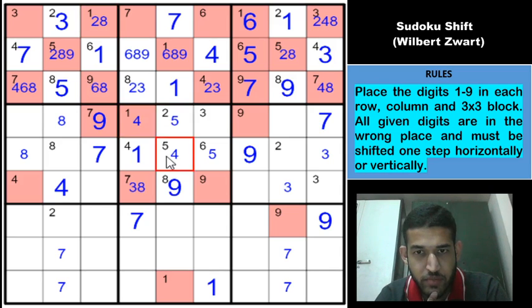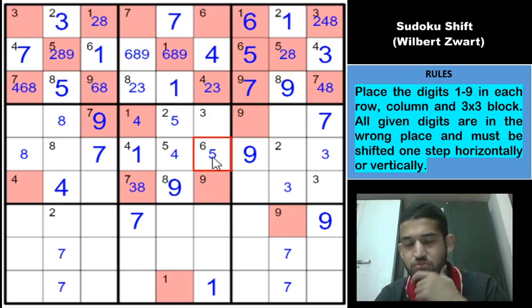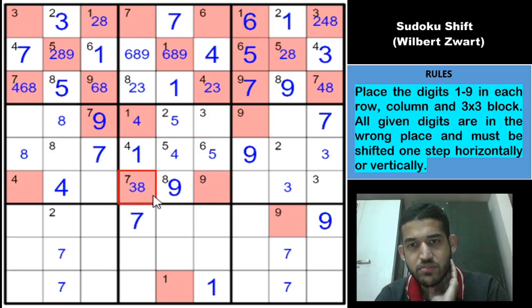So this 2 must be in one of these 3 cells, and this 3 cannot go to the right, so it has to be either up, left or down. So again, not much there. So which means this can be 3 or 8.